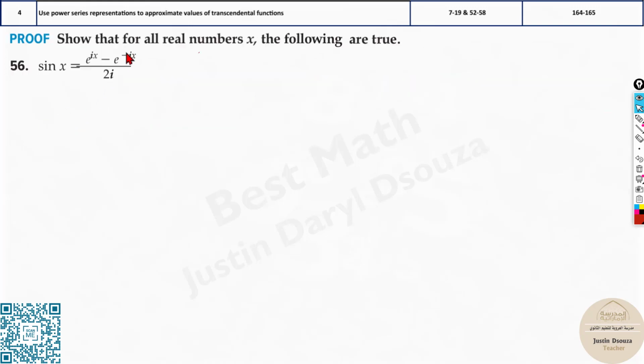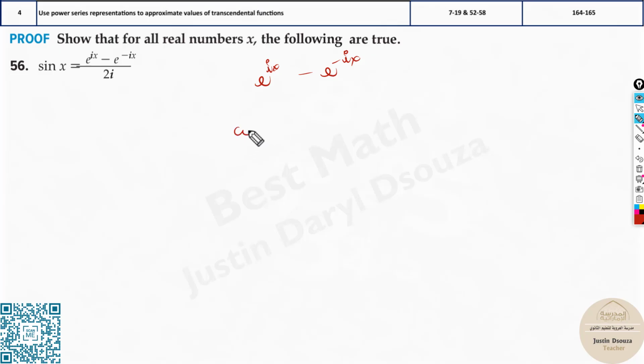There's another proving problem. We need to show that this is true for all real numbers x. Let's solve this one. If you look up over here, you should remember this is Euler's formula. Now let's only take this one, because I can work with this and try to get these two terms. So let me see. e to the power ix minus e to the power minus ix.